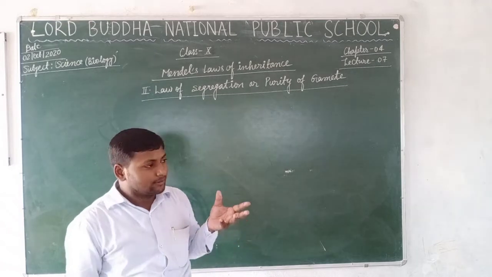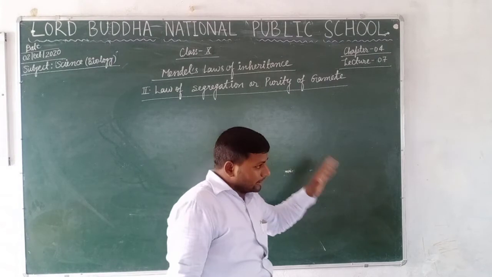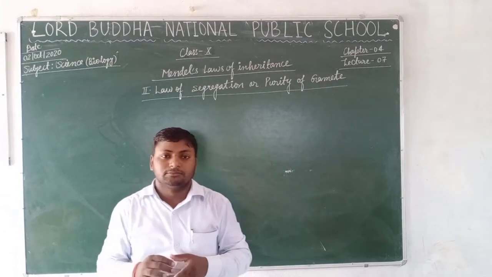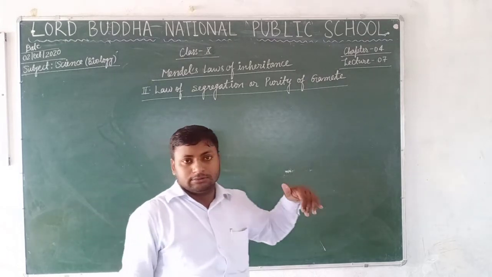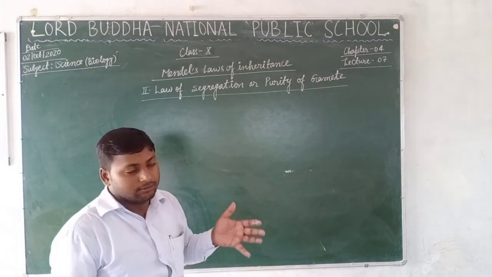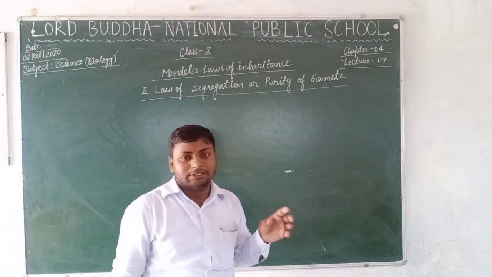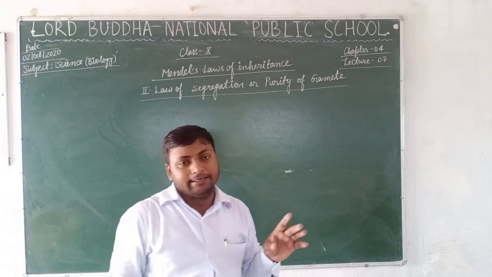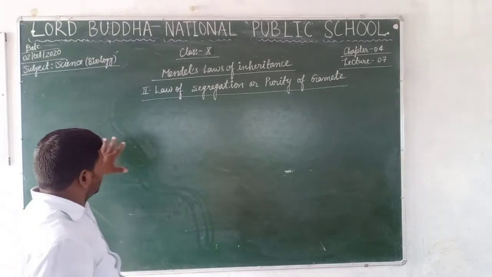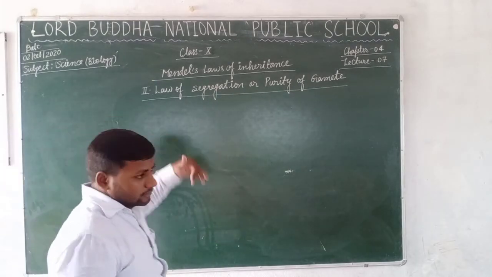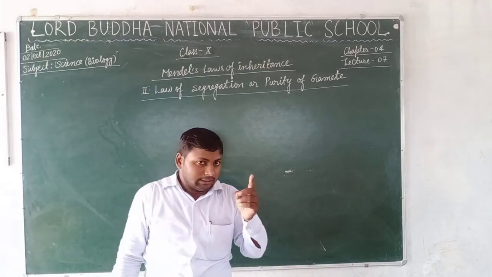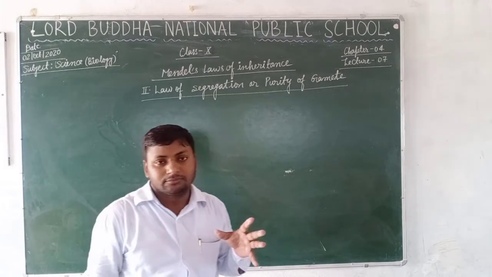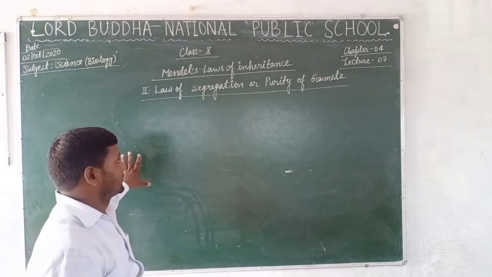Of the alleles for the dominant or recessive traits, only one trait appears in the filial generations, because each gamete is haploid in structure.